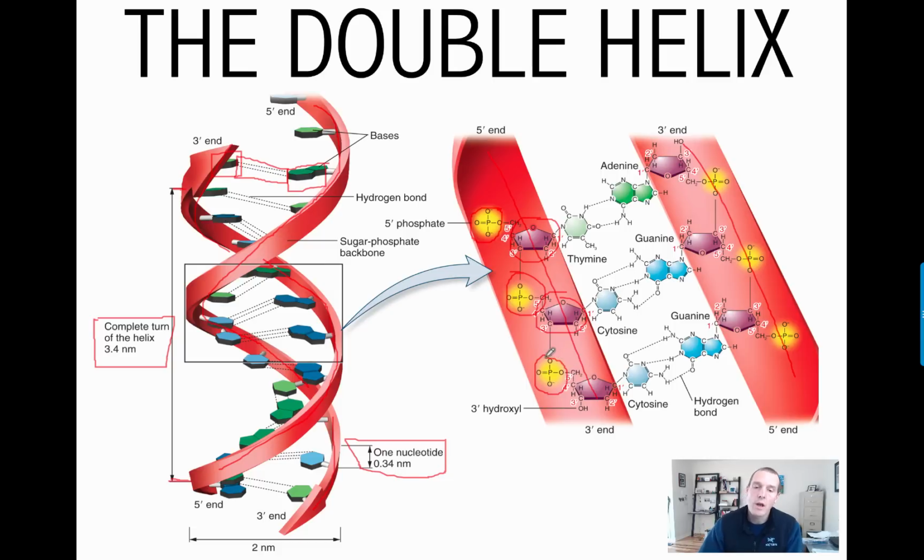And so when we join these nucleotides together, we get this repeating structure of phosphate, sugar, and that gives us a structure called the sugar-phosphate backbone. And like we just described, one strand will have a 5' end, and the other strand will have a 3' end.